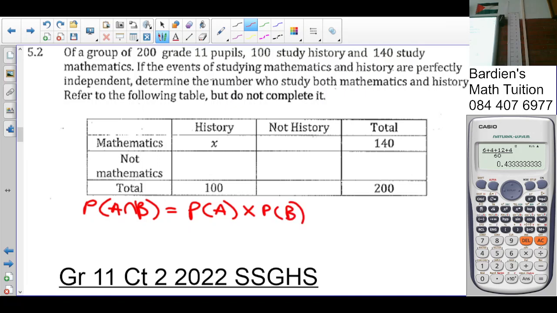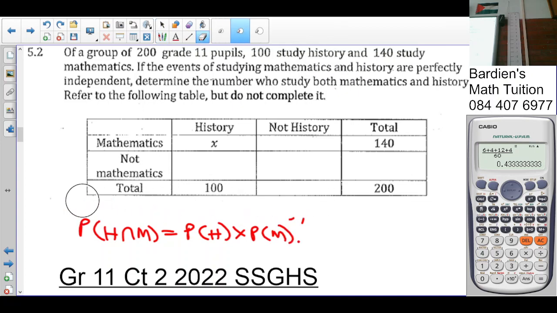In this case, we have history and maths. So the probability of history intersection maths is equal to the probability of history times the probability of maths if they are independent.